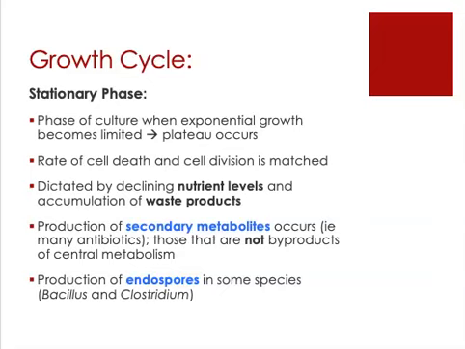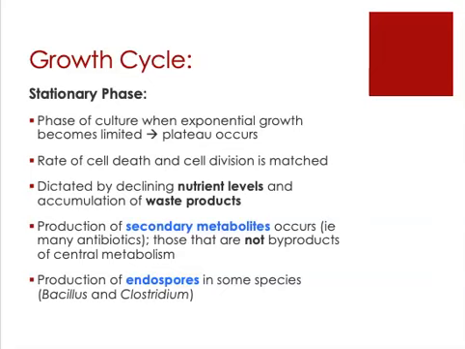Now, what's causing these cells to begin to die in culture? Well, primarily, it's because the nutrient levels are dropping and the waste product levels are increasing. So the conditions in the culture are not optimal anymore for growth. A lot of times bacteria will start going through what are called their secondary metabolic pathways.